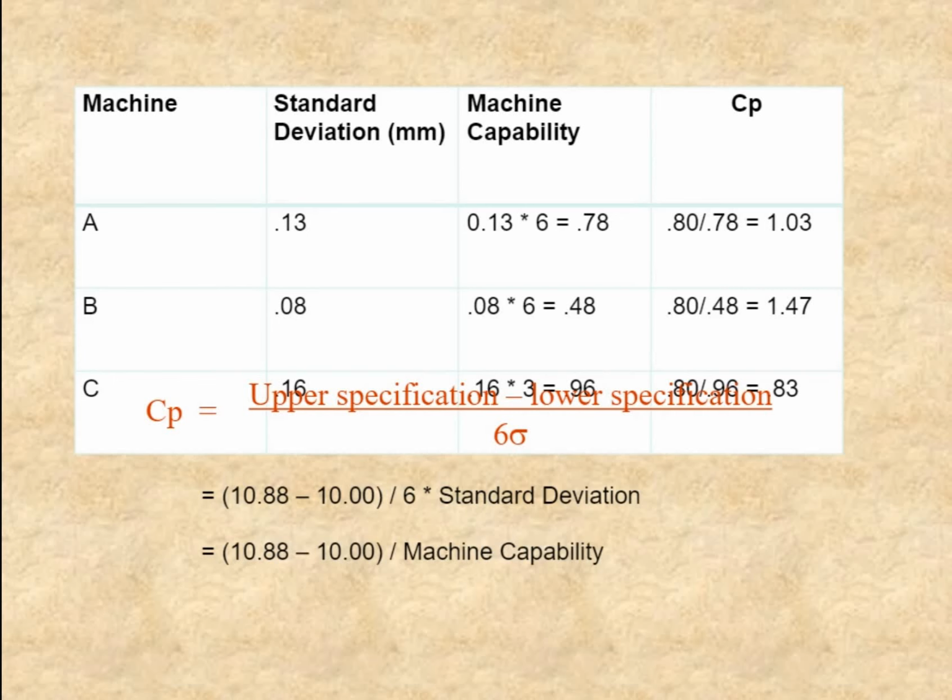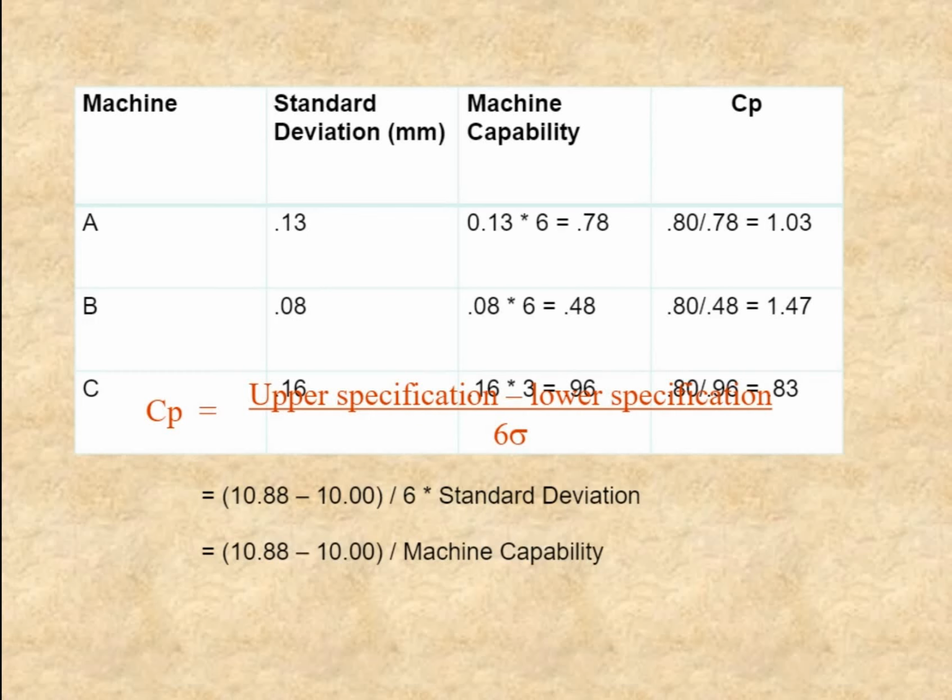So we know that the 3 processes have different capability. A is 1.03, B is 1.47, C is 0.83. So the rule is, if the Cp value here is smaller than 1, we do not think that a process is capable. So C is not capable.